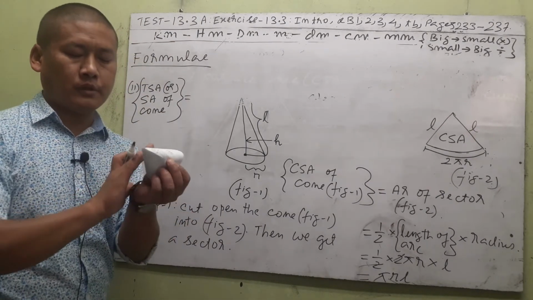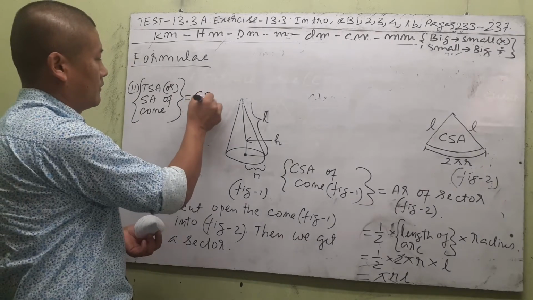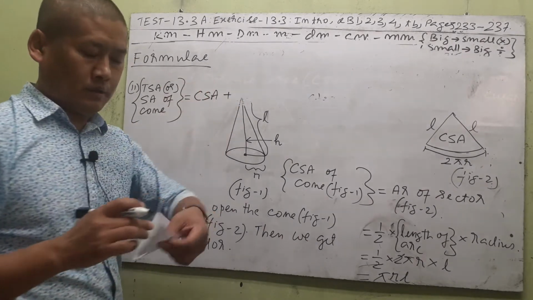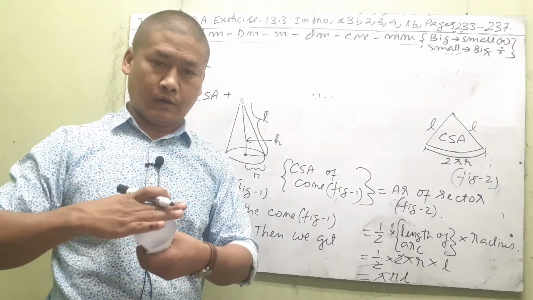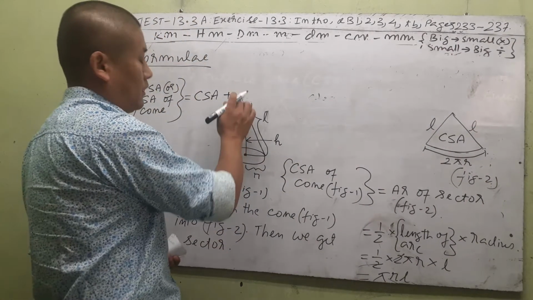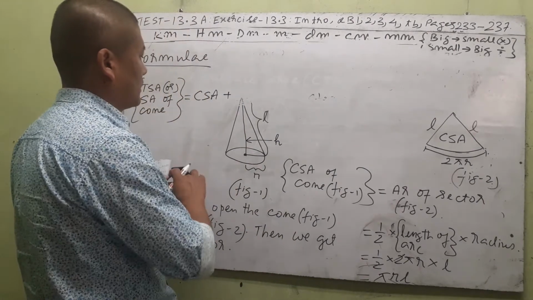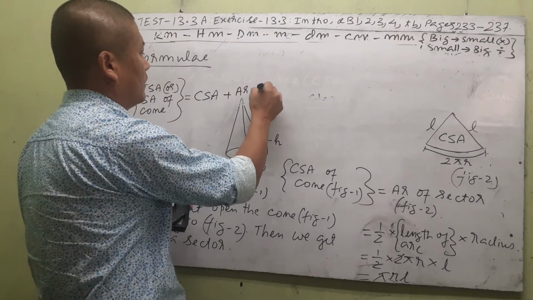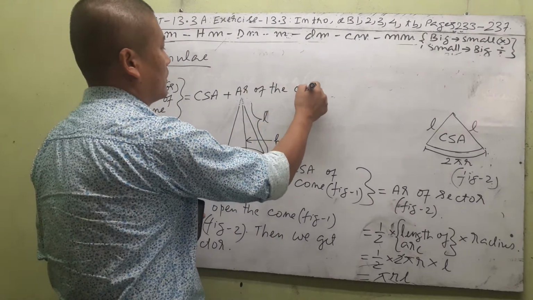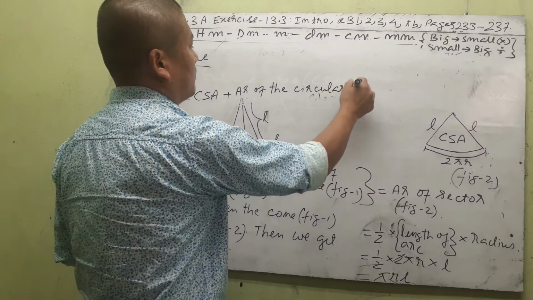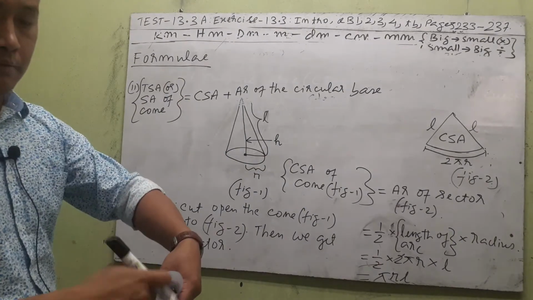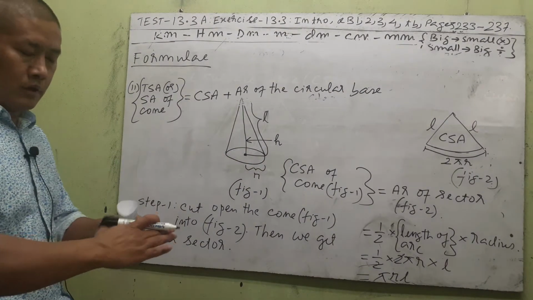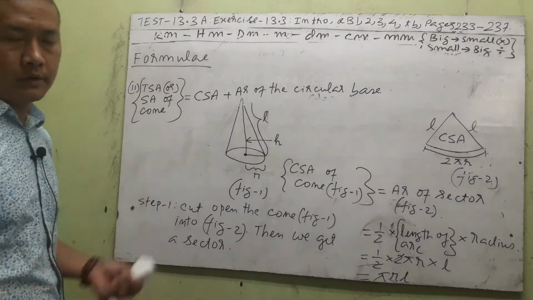Total surface area will be this curved surface area, of course, plus the area of the circular base. This is a closed circle. So the area of the circular base means the lower portion of the cone, this one. So this area of the circle plus the curved surface is the total, right?